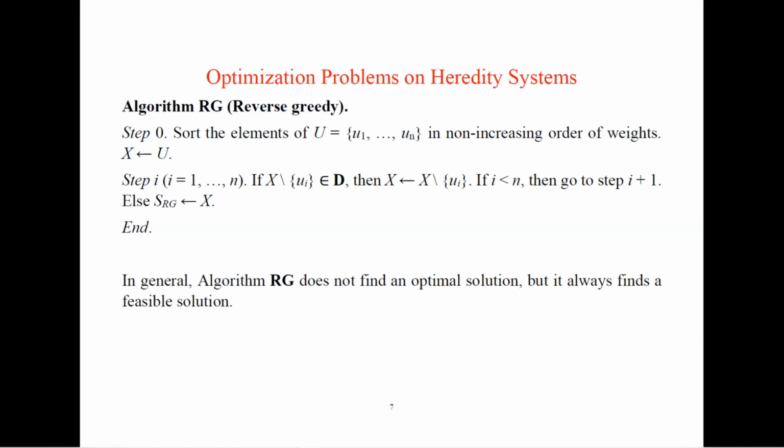If we can't exclude the element because our solution would become dependent, we don't exclude it. We do this for each element, in n steps, and in the end we have some solution which, in general, is not optimal, but a good property of this algorithm is that we always find a feasible solution.